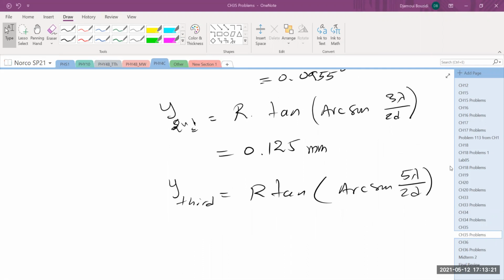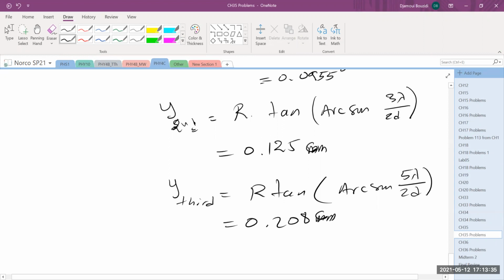And the answer is 0.208, I'm sorry, this is centimeter, because I used R as 75 centimeters. Please verify all of these things. So the answer is going to be in centimeters.